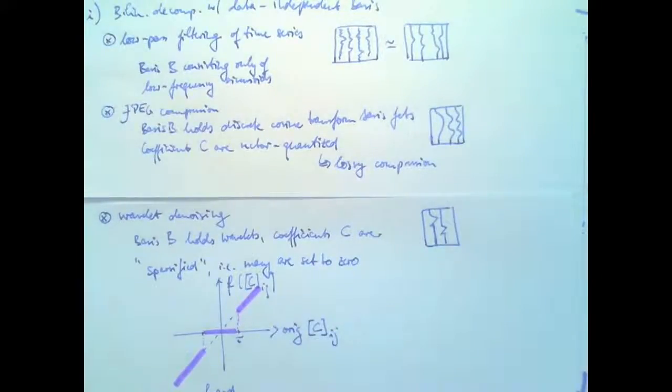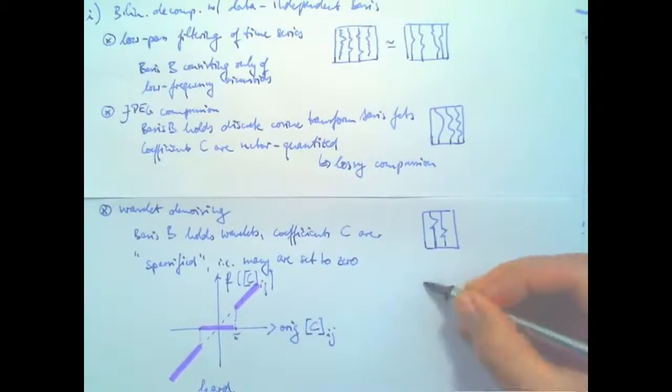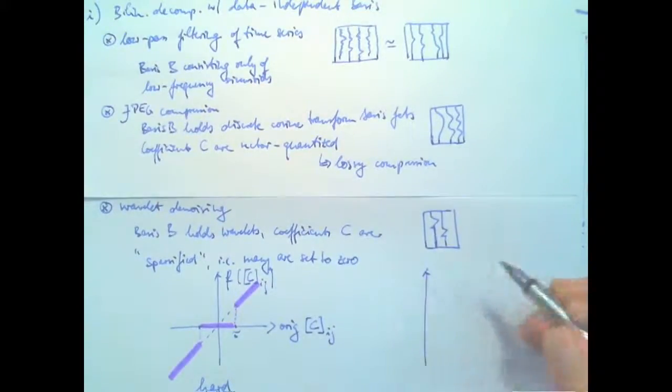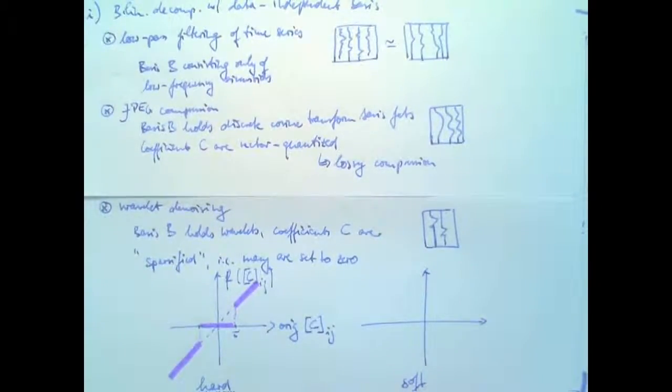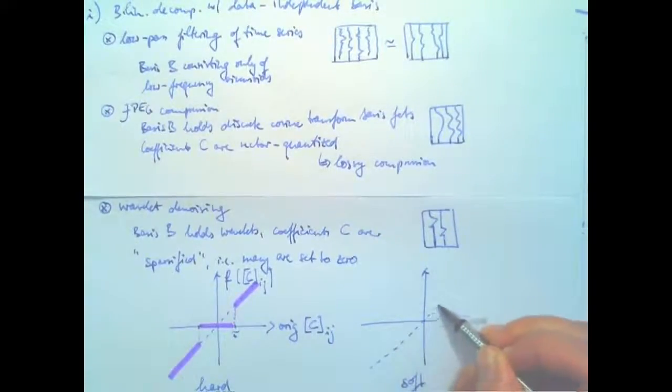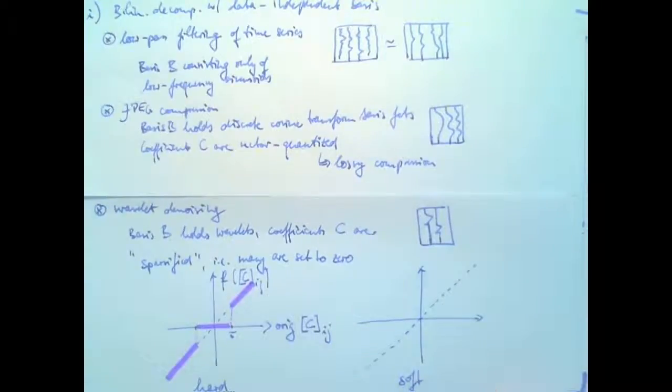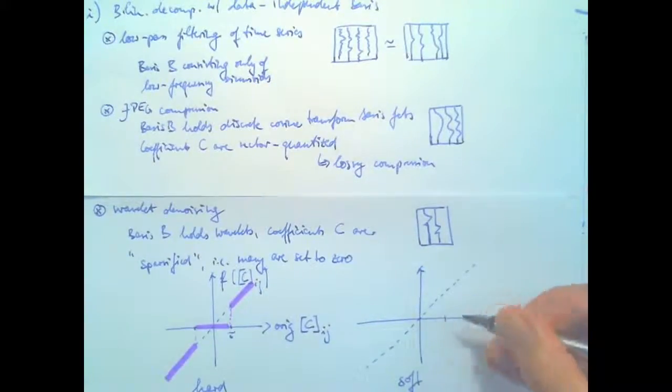As an alternative, there is the soft thresholding. I'm using the same axis here. Where you make all coefficients a little bit smaller and set to 0 those that are originally already smaller than some value tau.